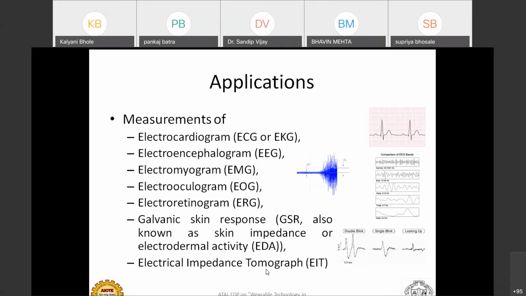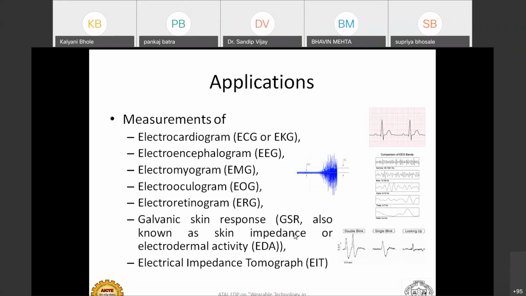Electrical impedance tomography is one of the new or recent technologies which gives us information in terms of change in the electrical impedance, or it gives three-dimensional information. One more dimension is explored here.